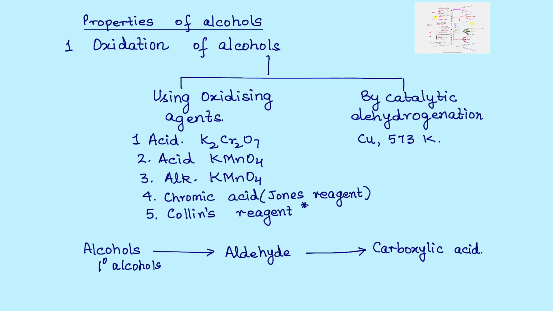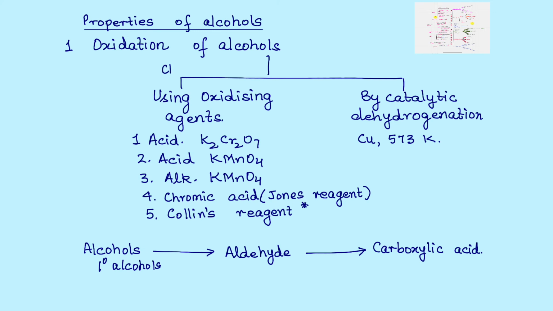Now, if you look at this diagram or the chart that I have drawn over here, oxidation of alcohols. I've started with the property, alcohols getting oxidized, right? These are the properties that we are discussing. One is by use of chemicals that we've discussed just now.